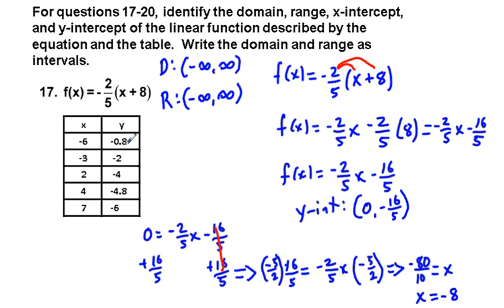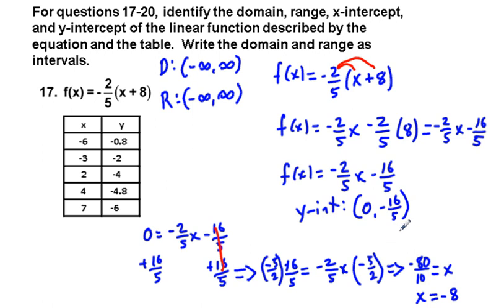So where y equals 0, we're going to have x equals negative 8. And from the table, does that make sense? Kind of does, because as we see y coming up approaching 0, we have x getting smaller and smaller from -3 to -6, and eventually -8, or y equals 0.